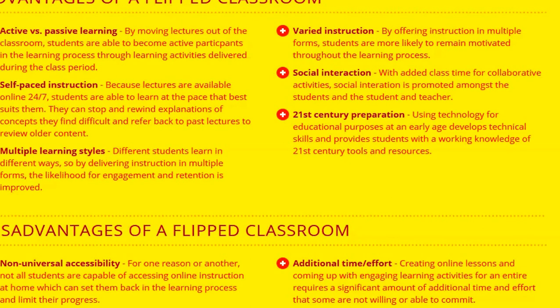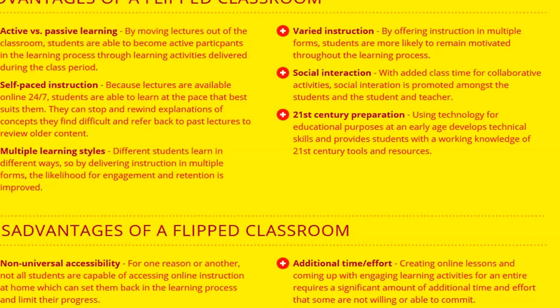There are some social interactions also possible. With the added class time of collaborative activities, social interaction is promoted among the students and the teacher. And 21st century preparation is also possible, because the 21st century preparation is for technological evolution, and as they are using technology, their technical skills will be enhanced.